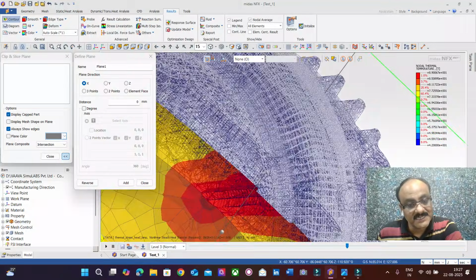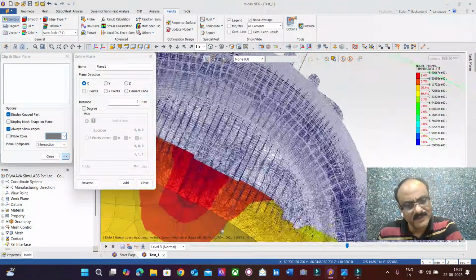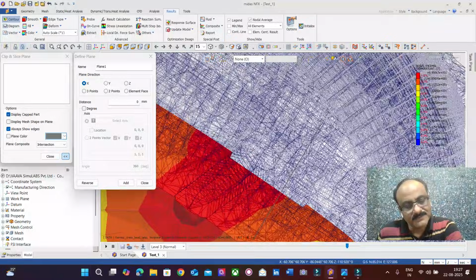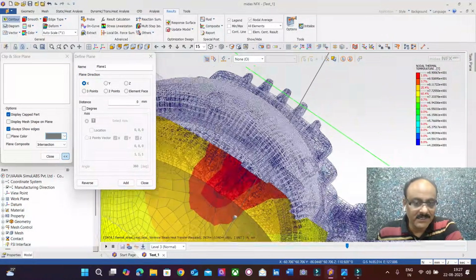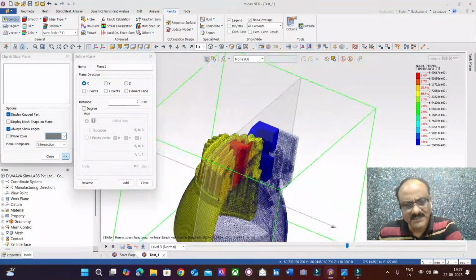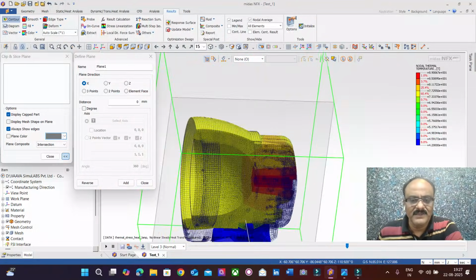Yeah, this is the section, and across the section we are able to find out the temperature. Yeah, so the bulb temperature and across the thickness how that variation is taking place.